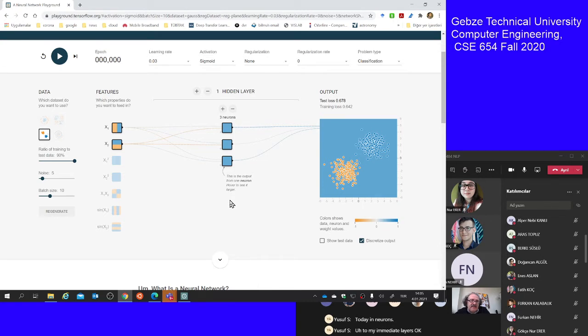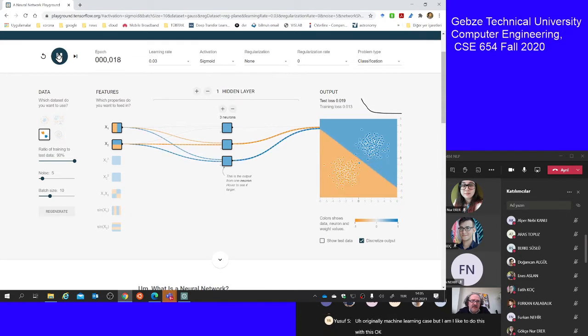And I ask this data set to be trained with this network. I could have done this with an original machine learning method, but I like to do this with this. I run this and it separates linearly very nicely.